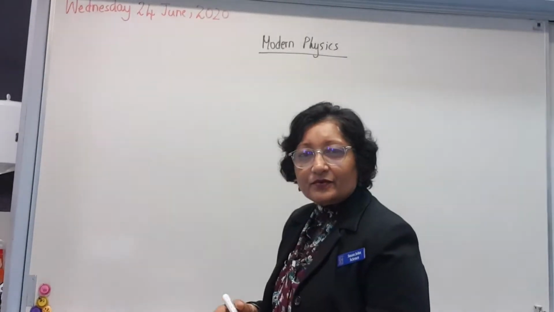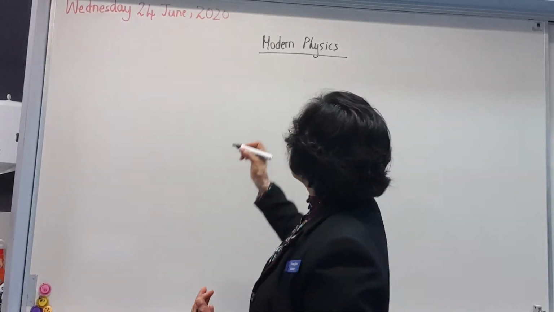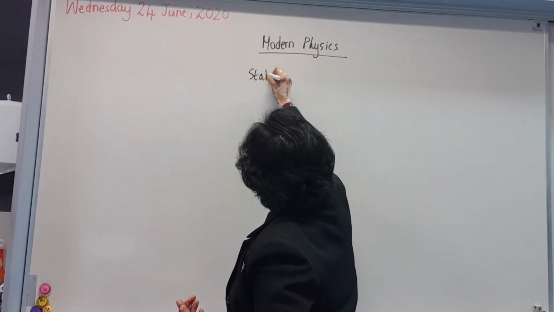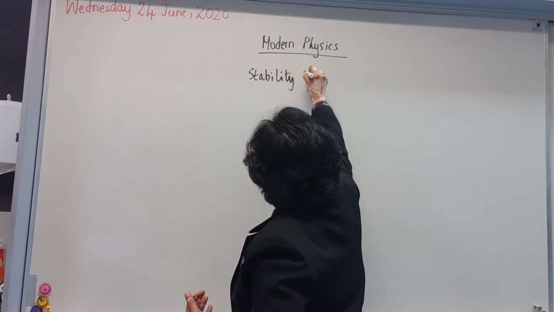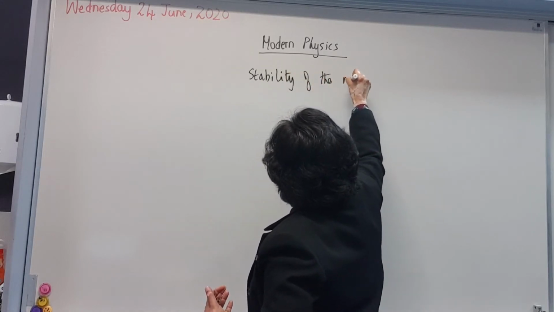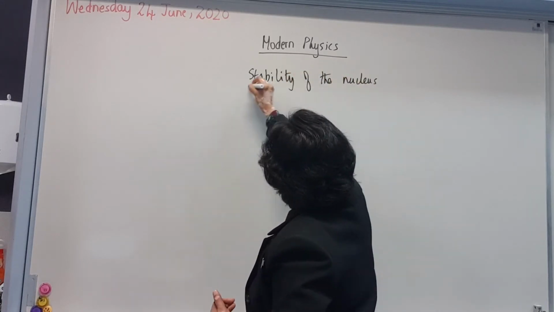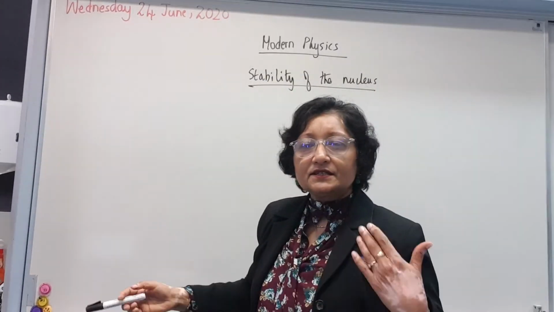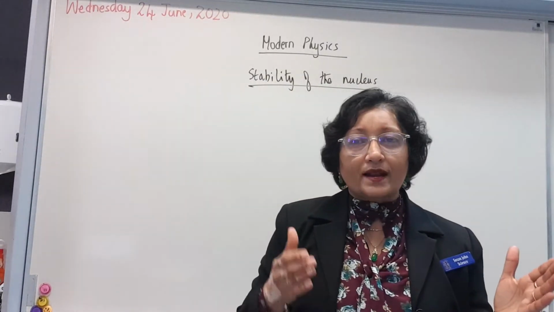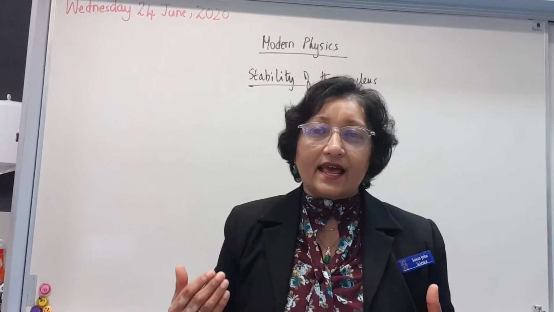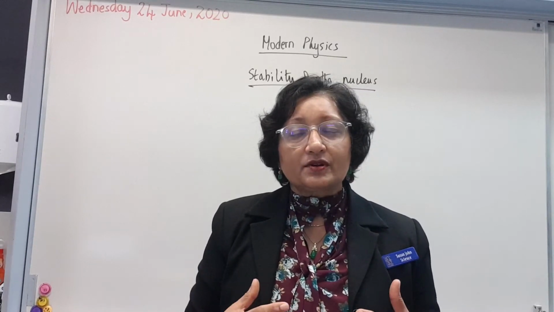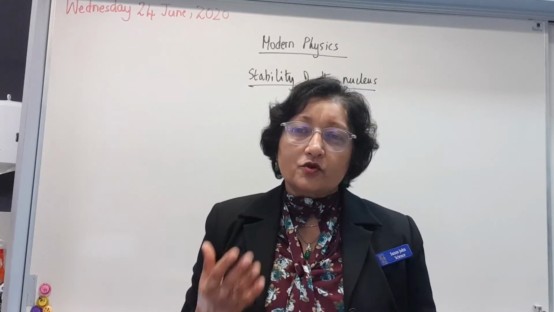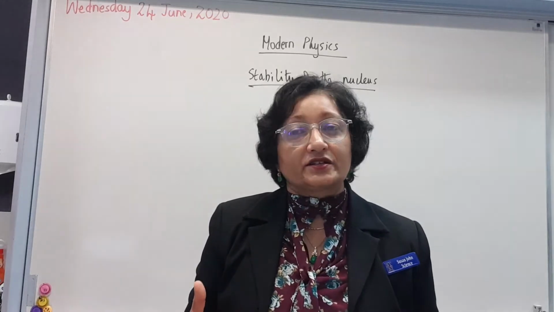Okay, the next thing that we're going to look at is the stability of the nucleus. Now, for elements from 1 to 20, that's all the way up to calcium, the stable nuclei are the ones whose proton-neutron ratio is about 1:1.